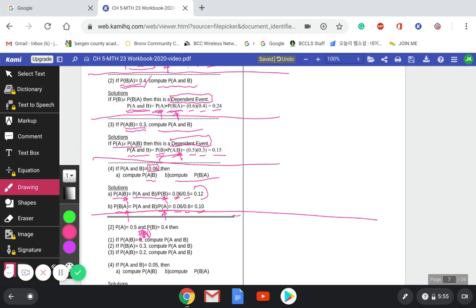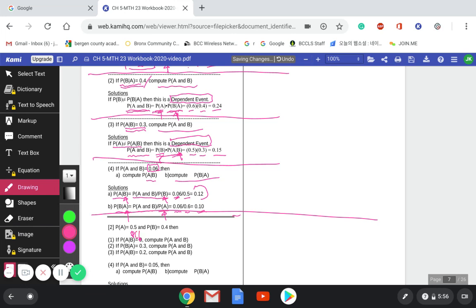Probability of A given B equals probability of A, that implies they are independent.